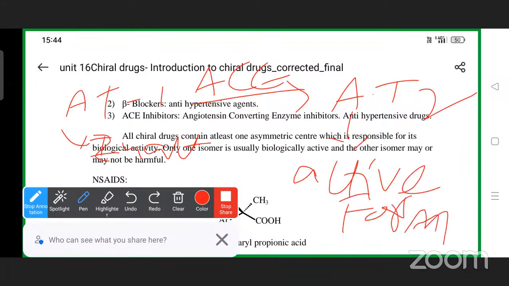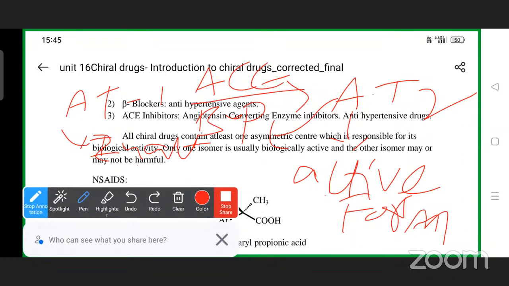So the inactive converts into the active form, and this angiotensin 2 regulates your BP, blood pressure, in the blood stream. It regulates your blood pressure.